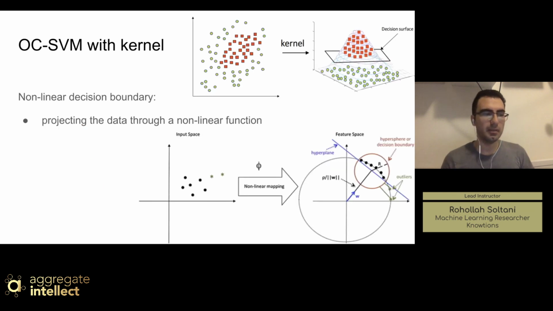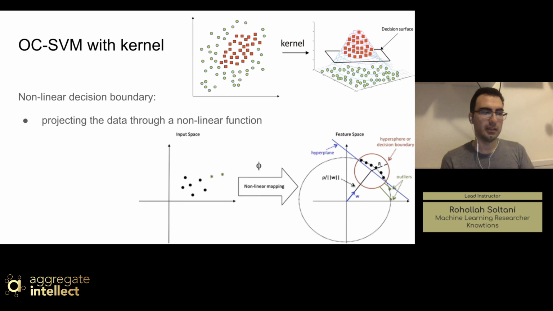A very nice property of SVMs is that they can actually create a nonlinear decision boundary as well by projecting the data through a nonlinear function called a kernel to a space with a higher dimension.